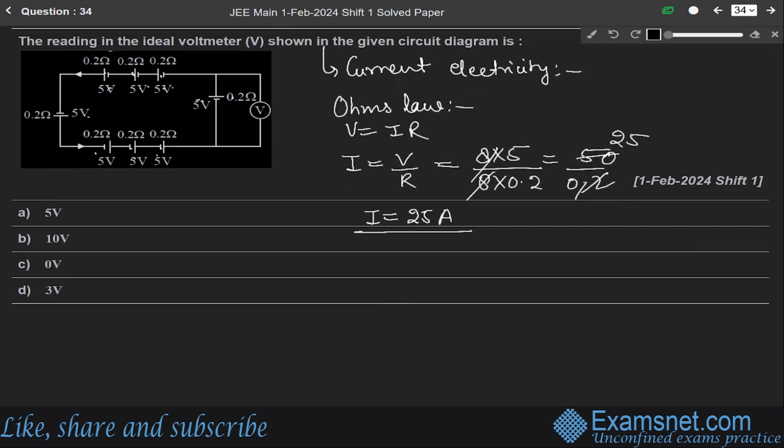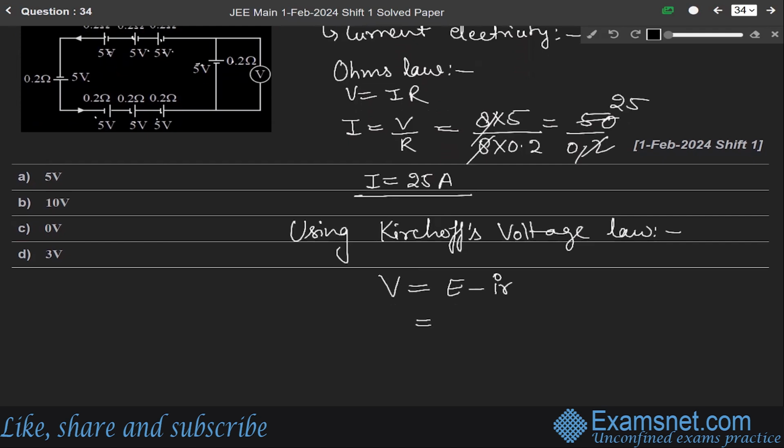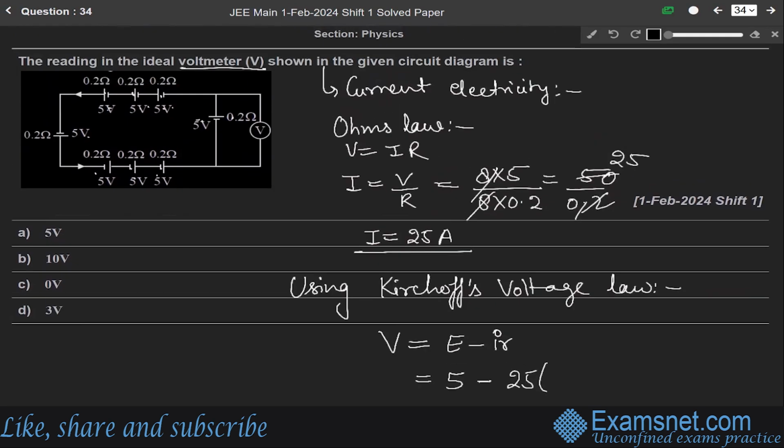Now we have to find the reading of the voltmeter V. Using Kirchhoff's voltage law, we write V equals E minus I into R. E is 5 volt, I is 25, and R is 0.2.